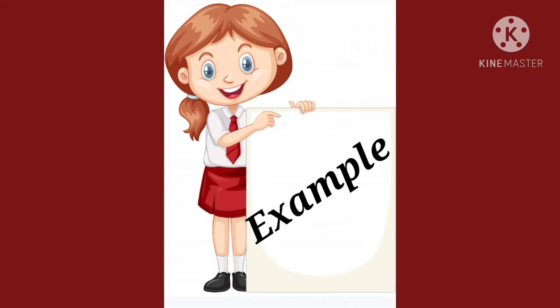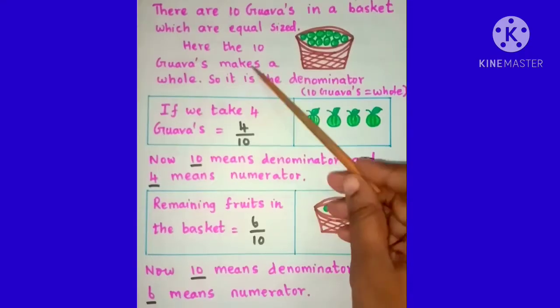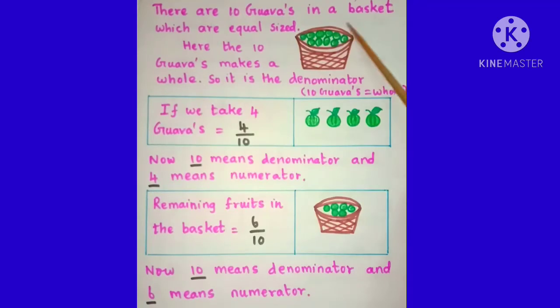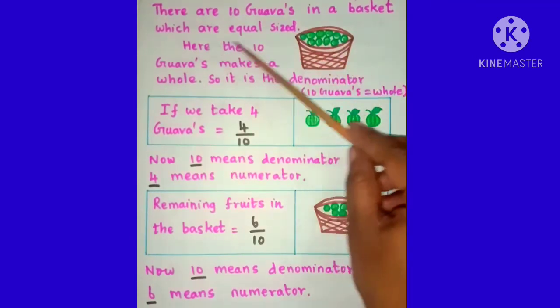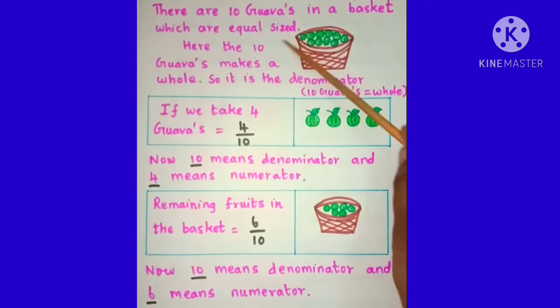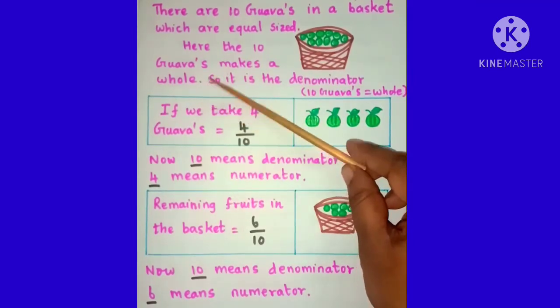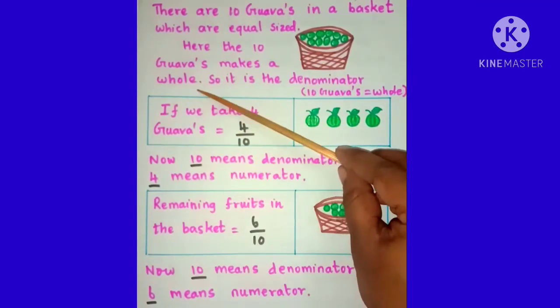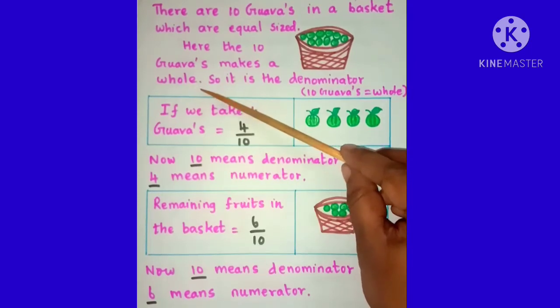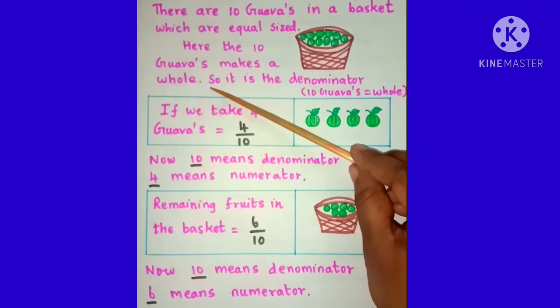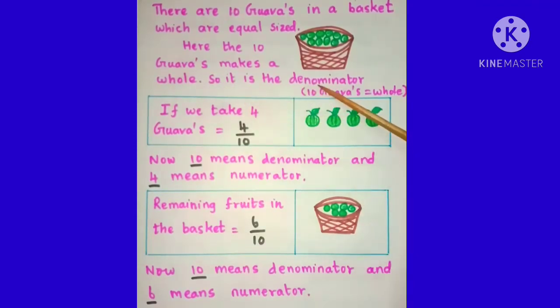Now let us see the example problem. There are 10 guavas in a basket which are equal sized. Here the 10 guavas make a whole, which is the total number of guavas. The total number of guavas is equal to whole, which is equal to the denominator.